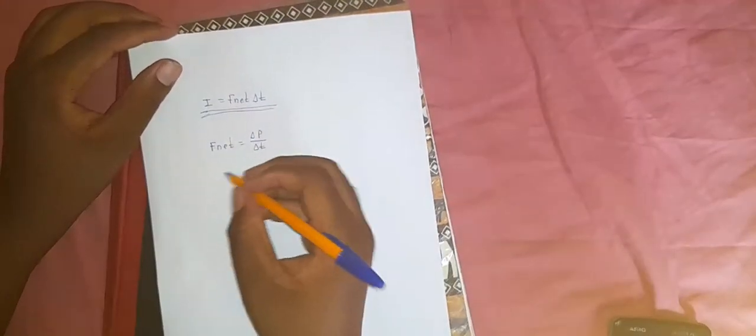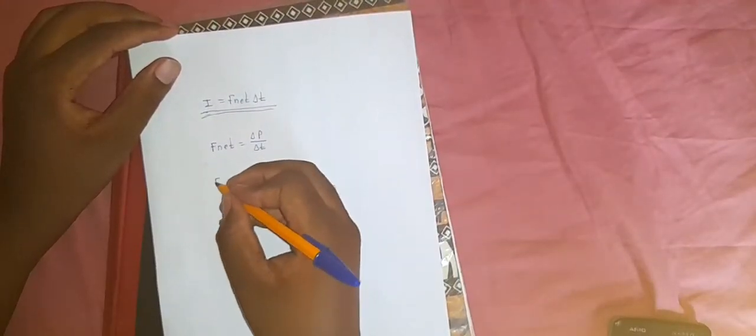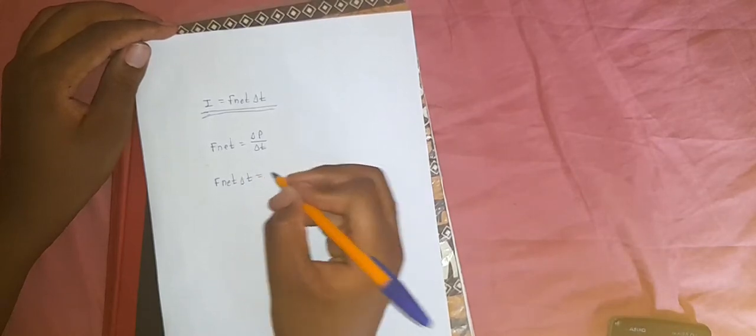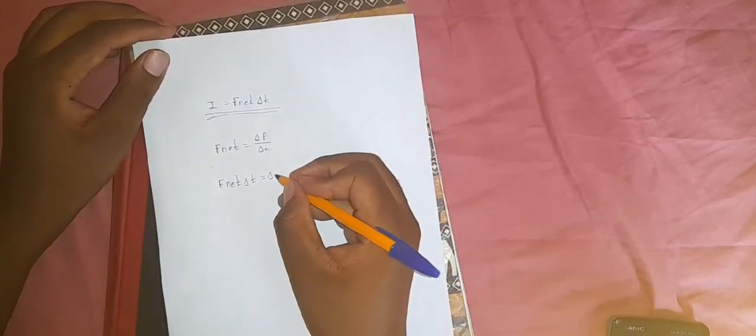What is the formula for Newton's second law in terms of momentum? Of course, it's the change in momentum over the change in time. Let's cross multiply and see. We get that F net times the change in time equals the change in momentum. But what is F net times change in time?